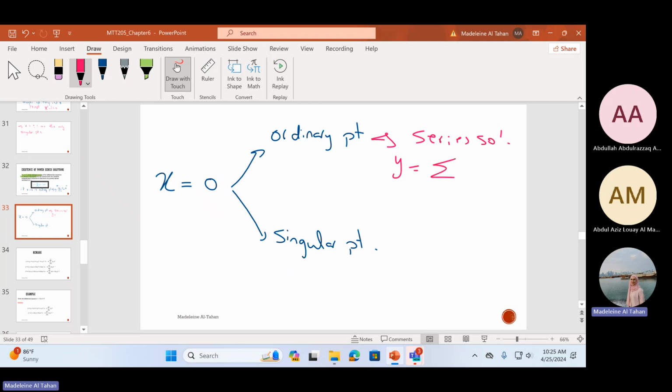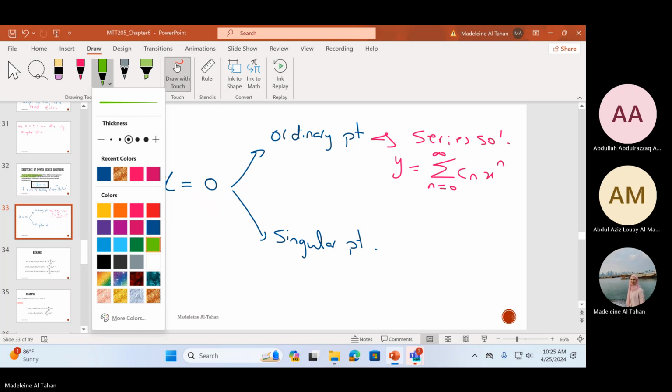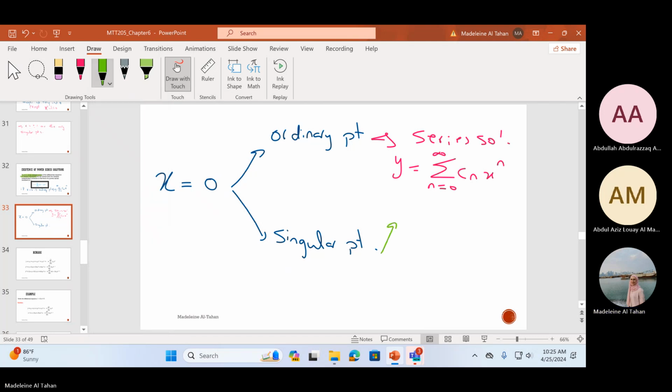Y equals sigma Cn x power n from n equals 0 to infinity. Okay. Now, if it's a singular point, we will have either an irregular point or a regular point.